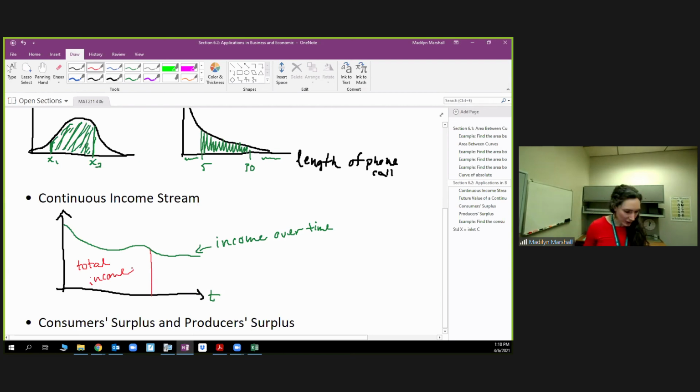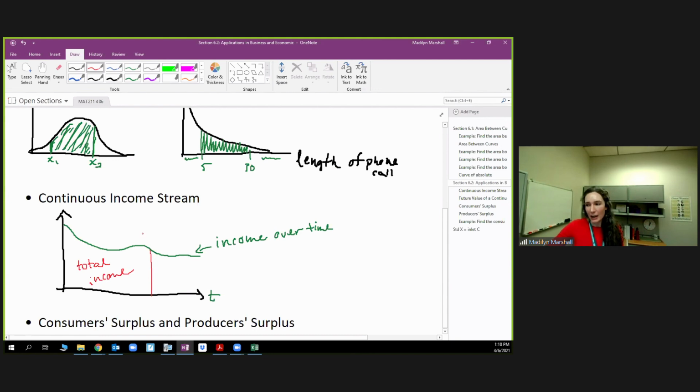So anytime we're looking, we are using this idea of integration. The area doesn't necessarily represent area. So here we're looking at income, maybe income per hour, for example, over so many hours. But it's not when we have a consistent income that we would use this, it's when our income might fluctuate a little bit.